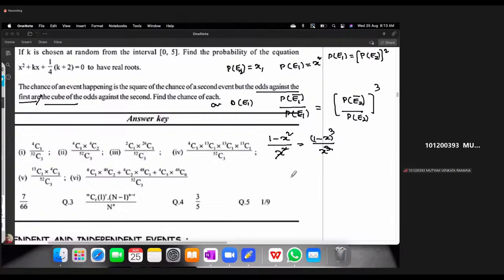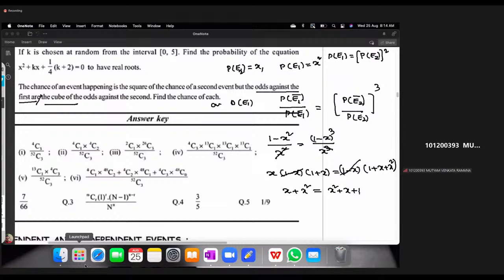Cancel here, x will be there. x into 1 minus x into 1 plus x is equal to 1 minus x into 1 plus x squared. 1 minus x cancels. x plus x squared is equal to x squared plus x plus 1. Yes, Sunat?